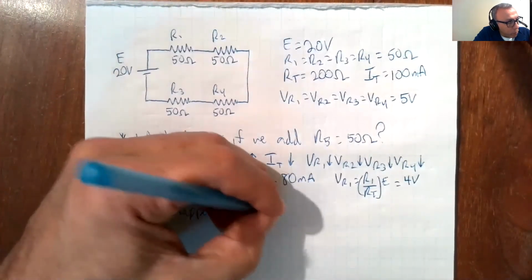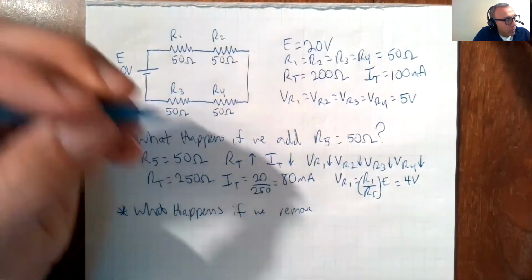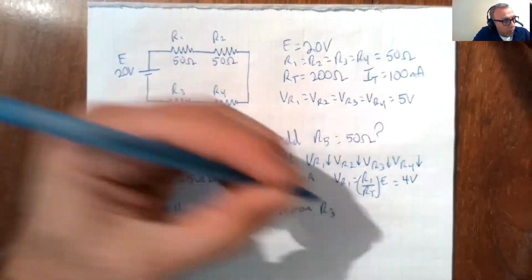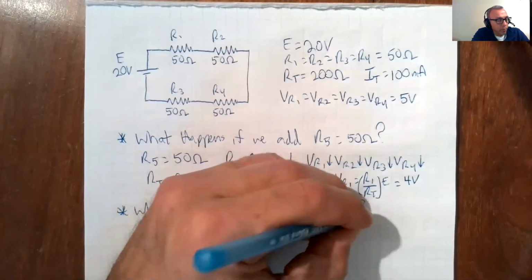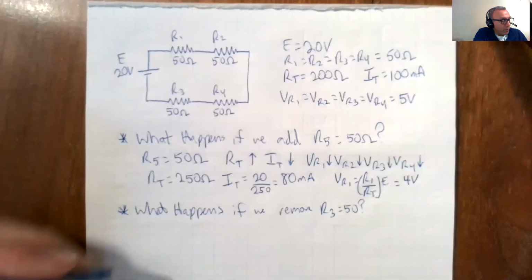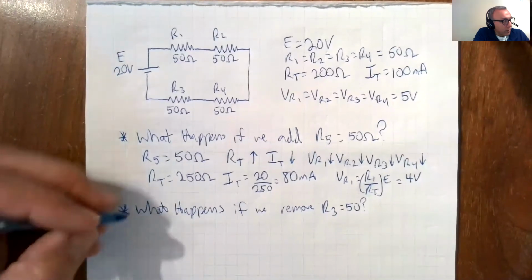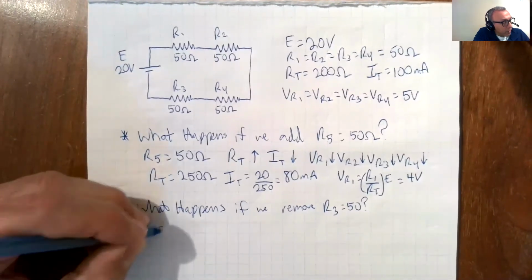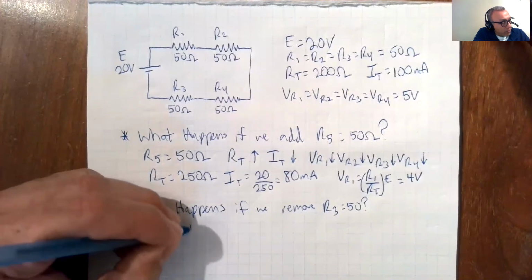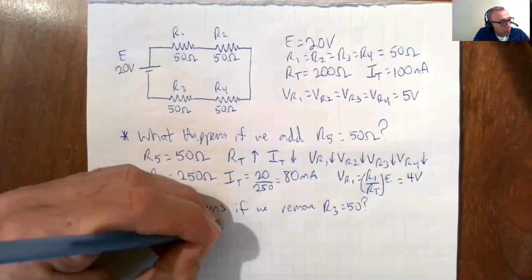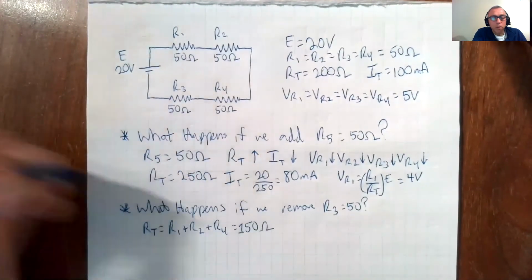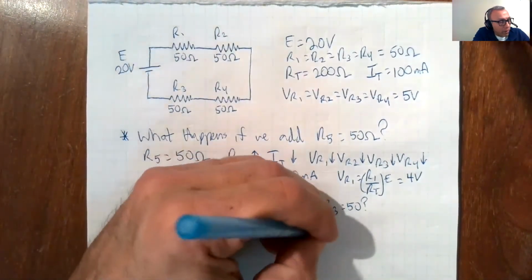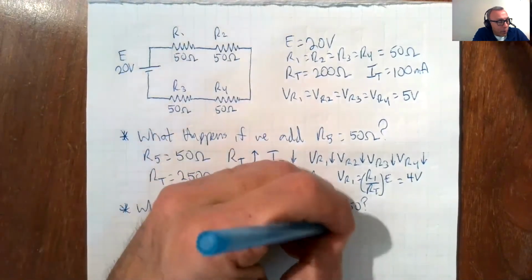if we remove R3? What happens now? Well, RT now is equal to R1 plus R2 plus R4, which is 150 ohms. Okay, so RT went down.